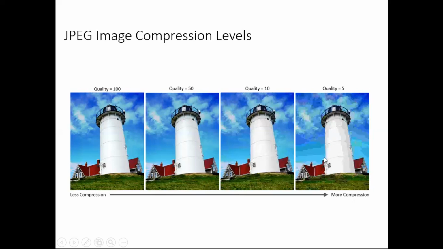We cannot identify the sharp boundaries. In the original one, we can identify these boundaries very sharply, right? Very clearly, we can differentiate the background from the foreground object. When you perform more and more compression on this image, we cannot clearly identify the boundaries, and also the colors are changed.